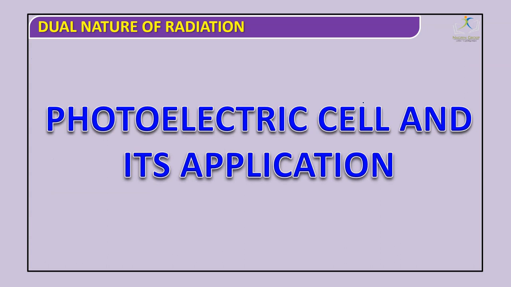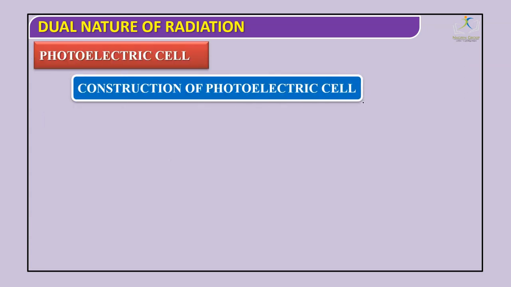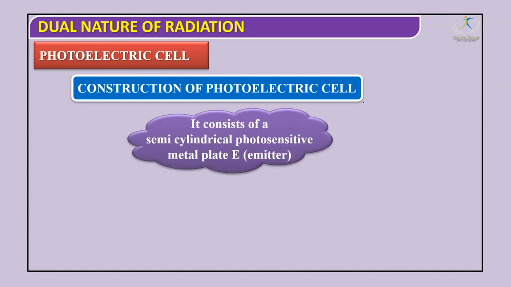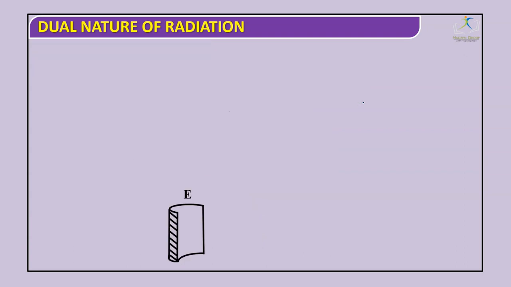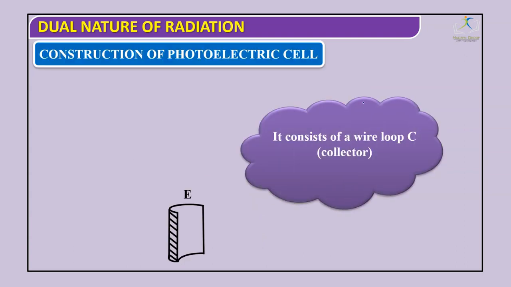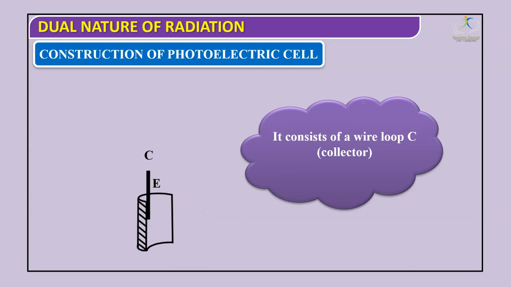Photoelectric cell and its application. Firstly, we will understand the construction of the photoelectric cell. It consists of a semi-cylindrical photosensitive metal plate E, which we call the emitter. It also has a wire loop C as the collector.